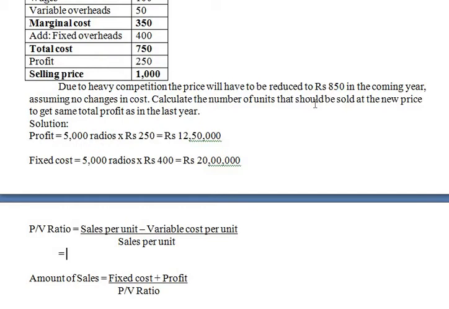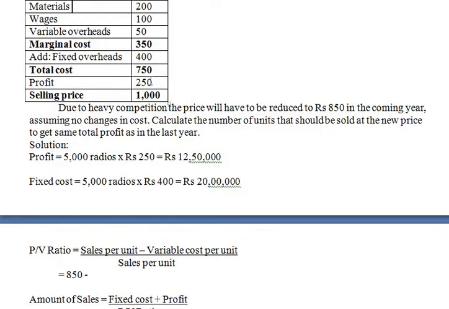So our selling price will be 850 per unit minus variable cost. They have also given that there are no changes in cost, so cost will remain the same. So variable cost per unit.